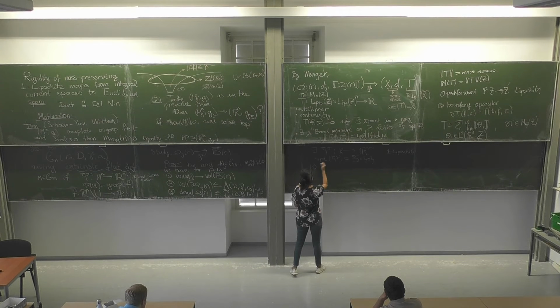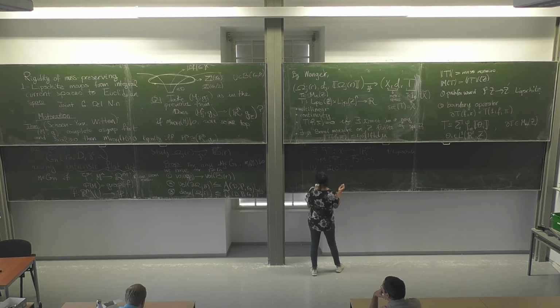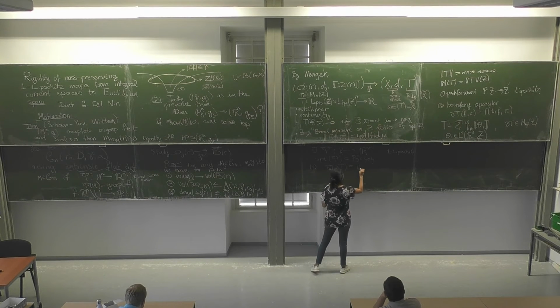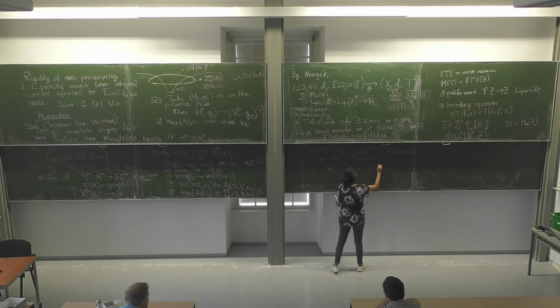If I push forward the boundary of this current, this is going to be the boundary of B cross 0.